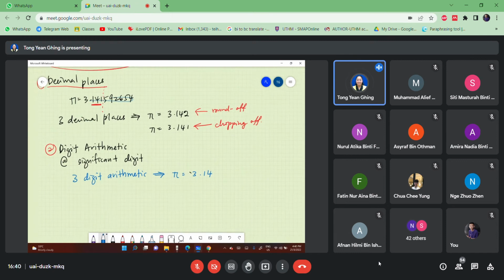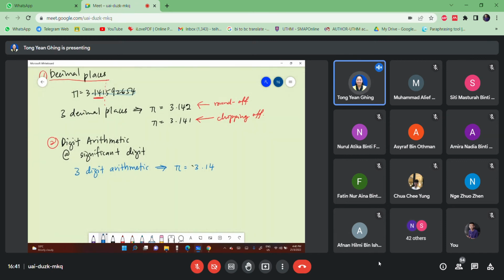Okay. But if let's say for digit arithmetic we got 0, it will be different. I'll give you an example. Let's say we have 0.14578. If I want 3-digit arithmetic, the 0 in front is not counting.